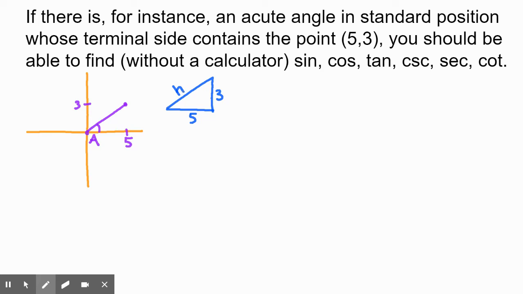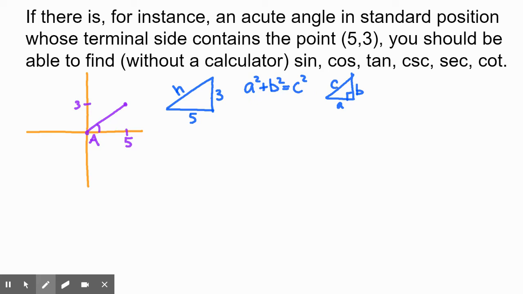Well, that's a simple matter of the Pythagorean theorem, right? The Pythagorean theorem is a squared plus b squared equals c squared for a right triangle like this, where a and b are the 2 legs and c is always the hypotenuse. That's the big deal.